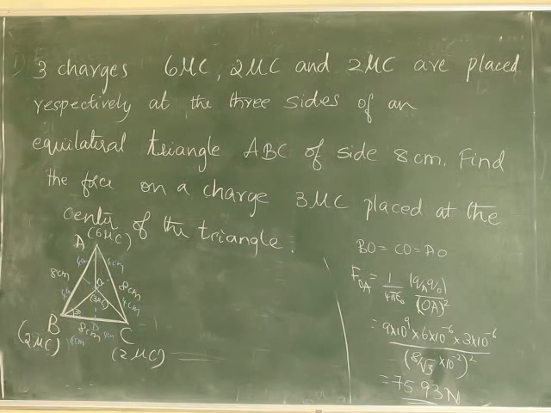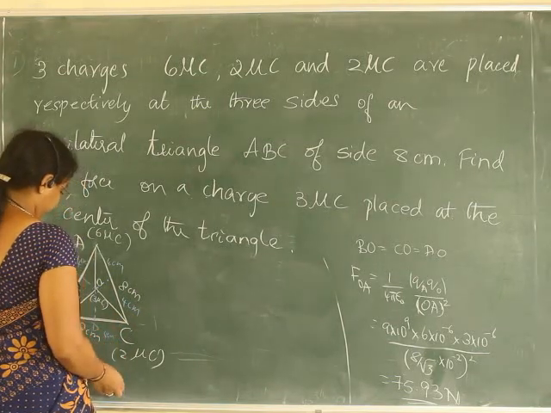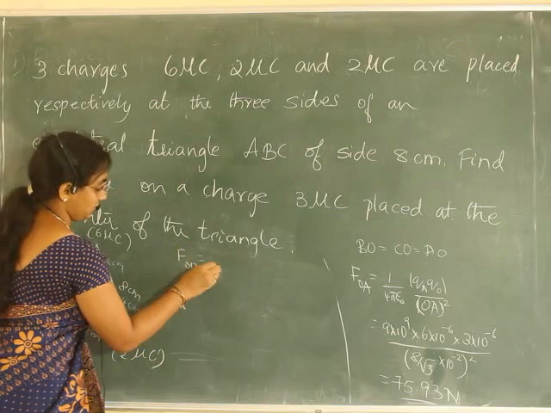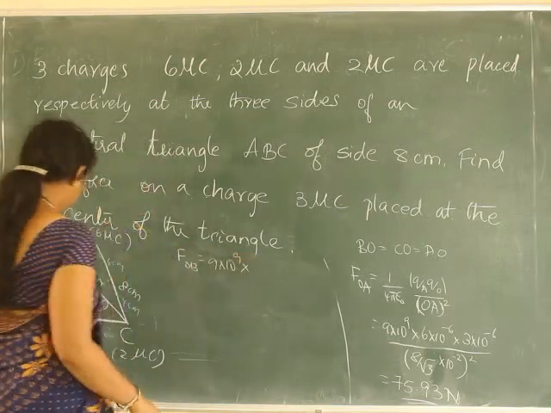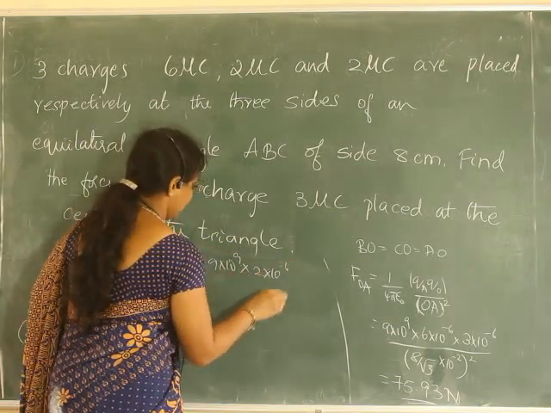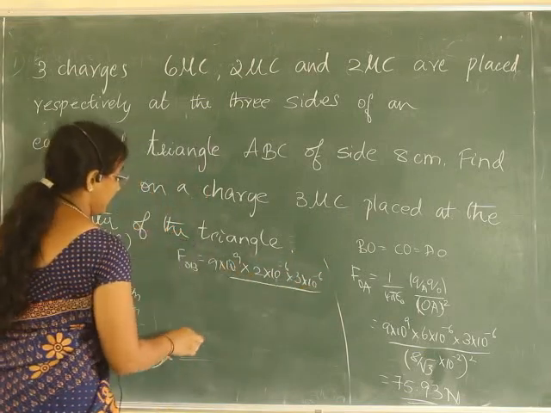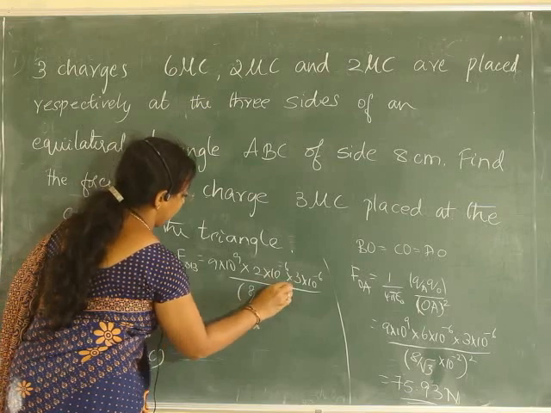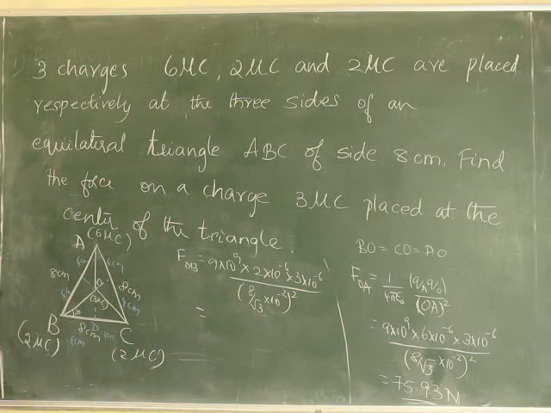Similarly, calculate the force due to the charge at B. FOB is equal to 9 into 10 to the power 9 into 2 into 10 to the power minus 6 into 3 into 10 to the power minus 6 divided by 8 by root 3 into 10 to the power minus 2, the whole square. One answer you will get.